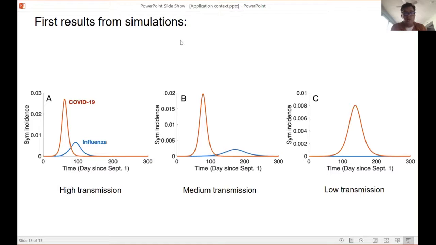And then we'll look at those different scenarios of transmission, compare different vaccination rates, in addition to these different levels of transmission based on the non-pharmacologic interventions, not only for incidence, but for the other outcomes of interest.